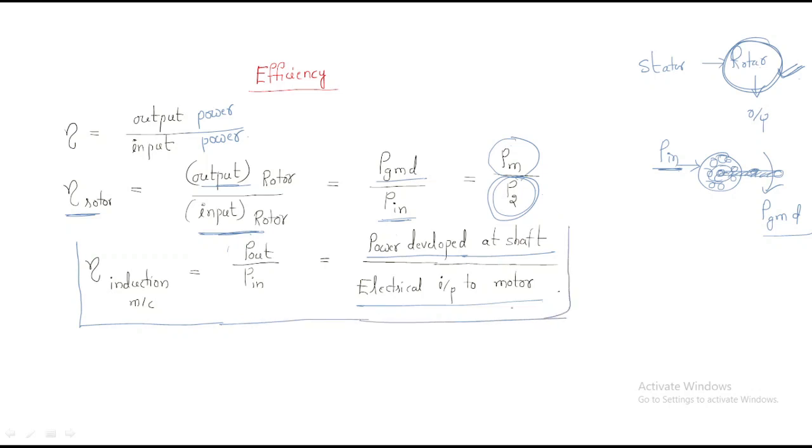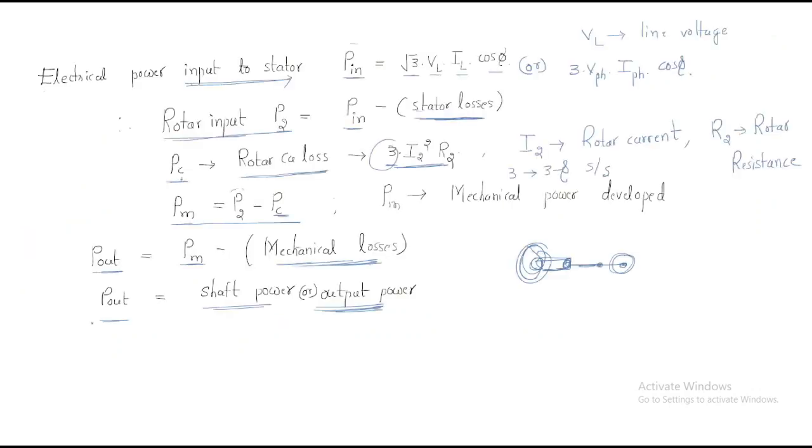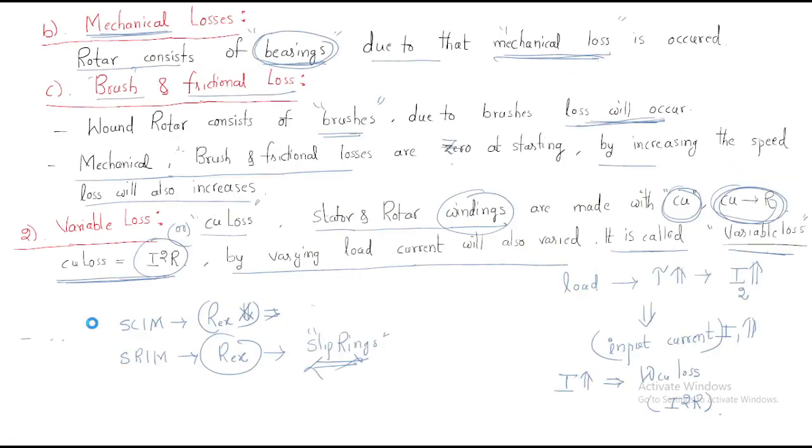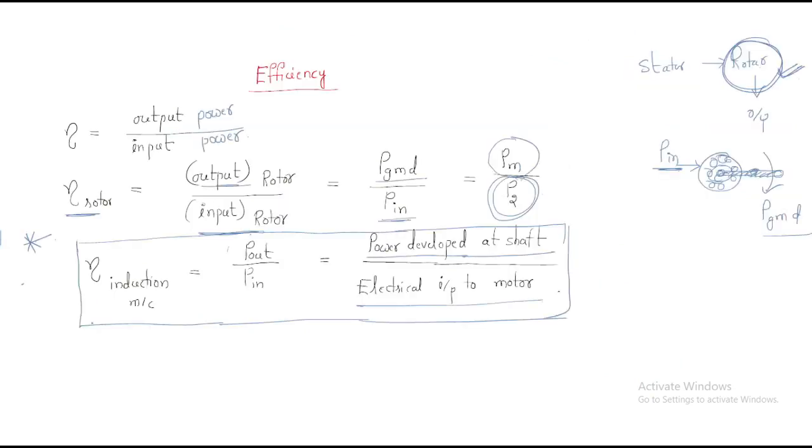We can discuss the efficiency of the rotor separately, and after that analyze the efficiency of the induction motor. Okay, so this is about the losses as well as the efficiency of the three-phase induction motor.